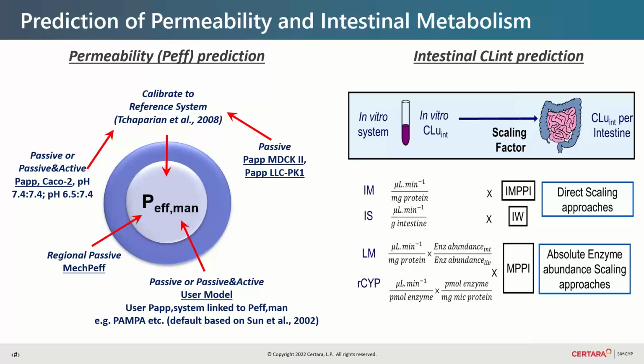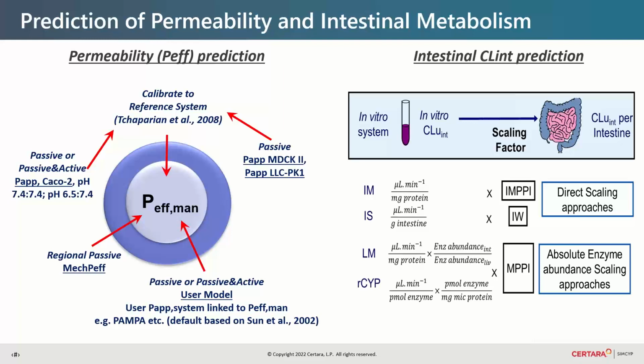Within the intestine, you can also account for metabolism. There are different ways that this can be done. We can measure unbound intrinsic clearance, either within things like intestinal microsomes or intestinal slices, and use those with physiological information, like microsomal protein per intestine, in a direct scaling approach.